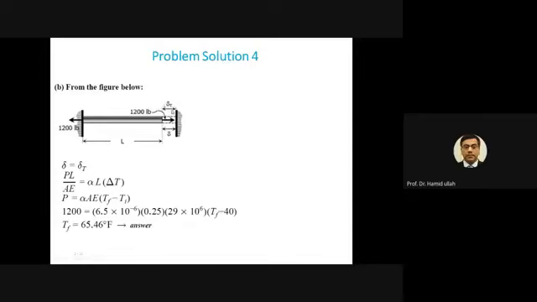So these two quantities should be equal to one another for the case when there is no stress. Then for each quantity you know the formula, you rearrange this equation and put in the values, so there will be one unknown, that is the final temperature. So the final temperature you can see is equal to 65.46 degree F, like the previous one.